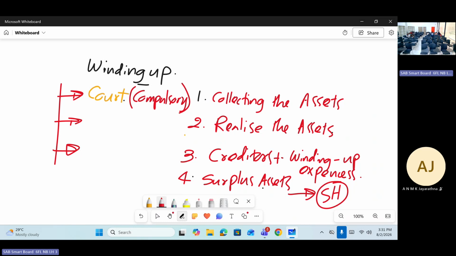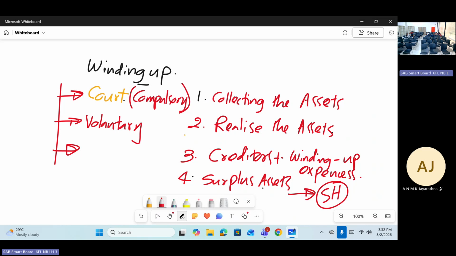Then the second mode we can recognize is voluntary winding up. With the consent of the shareholders, they can liquidate the company. I think you can understand voluntarily.